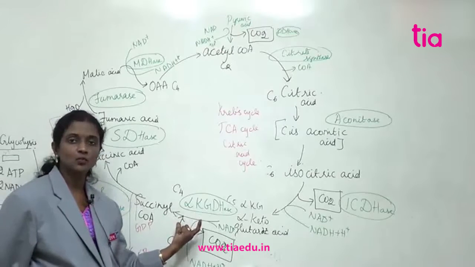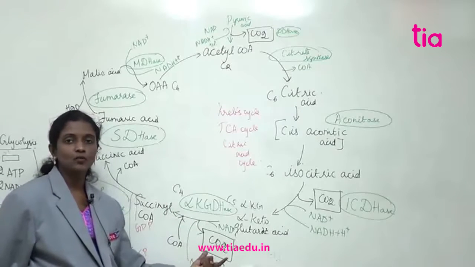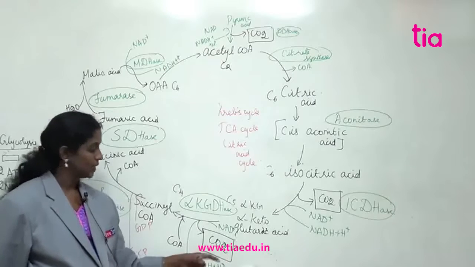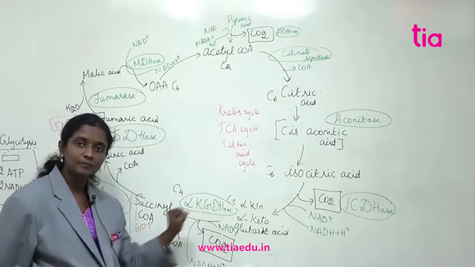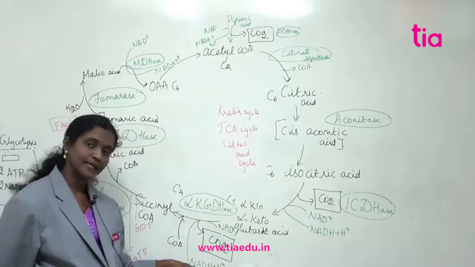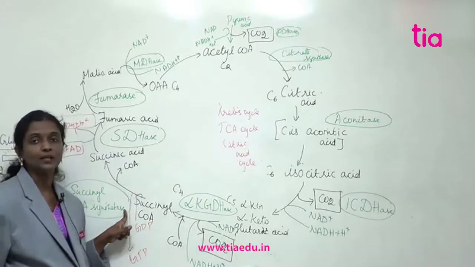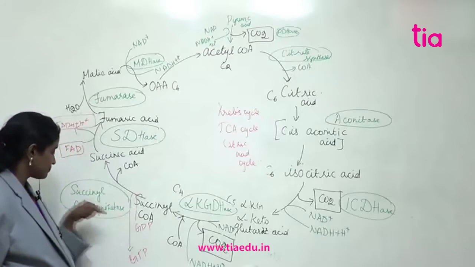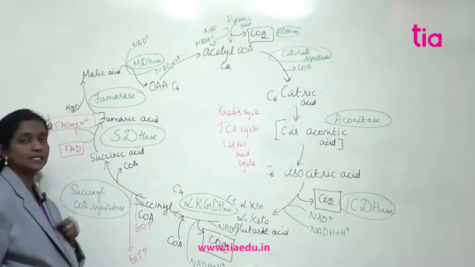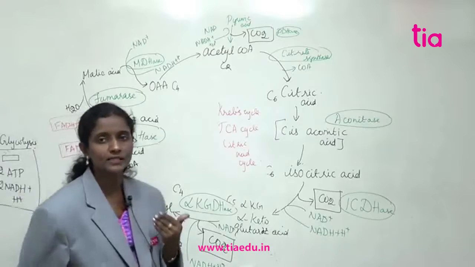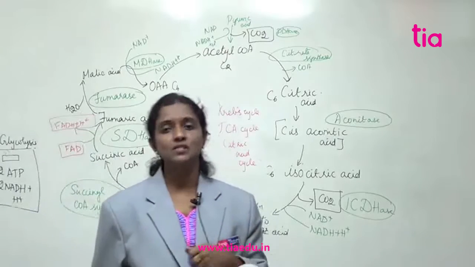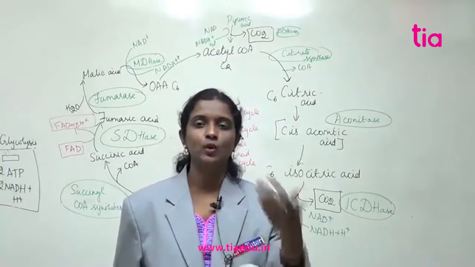Whenever a dehydrogenase is involved, we are already aware there is going to be involvement of the reducing equivalent NAD. NAD is going to come in, pick up the hydrogen atoms, and become NADH plus H plus. Then CoA got added, and it became succinyl-CoA. Succinyl-CoA will be converted to succinic acid. Whenever CoA is added, it promotes metabolism. You may be wondering why CoA should be added.